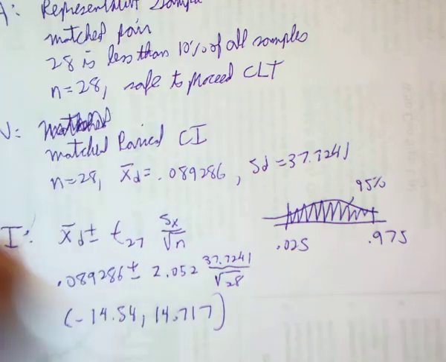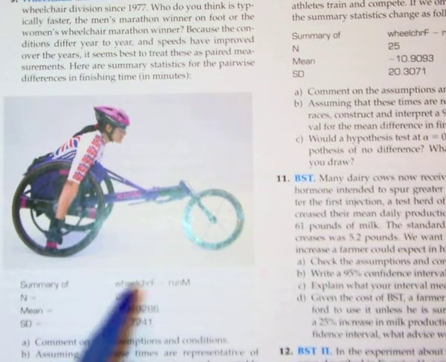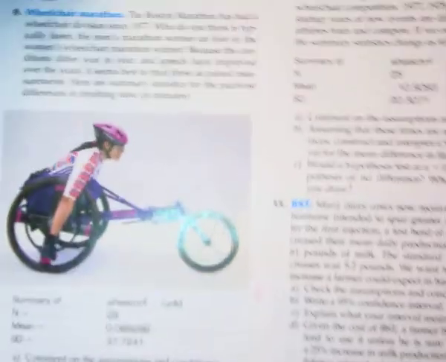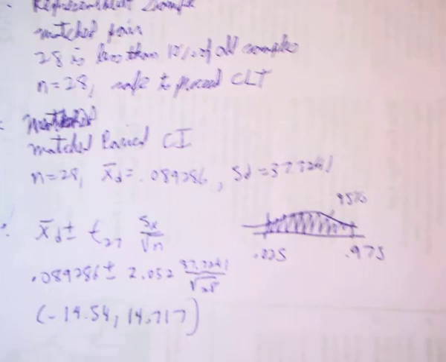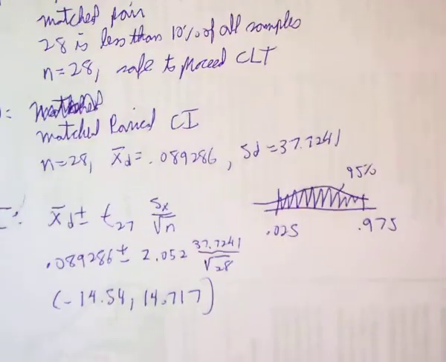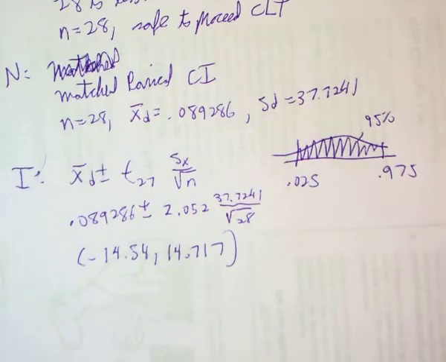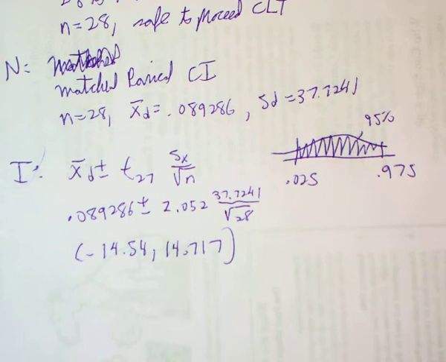Now if you look at the problem here, it says the wheelchair times minus the run times. So we subtracted the wheelchair times minus the run times.